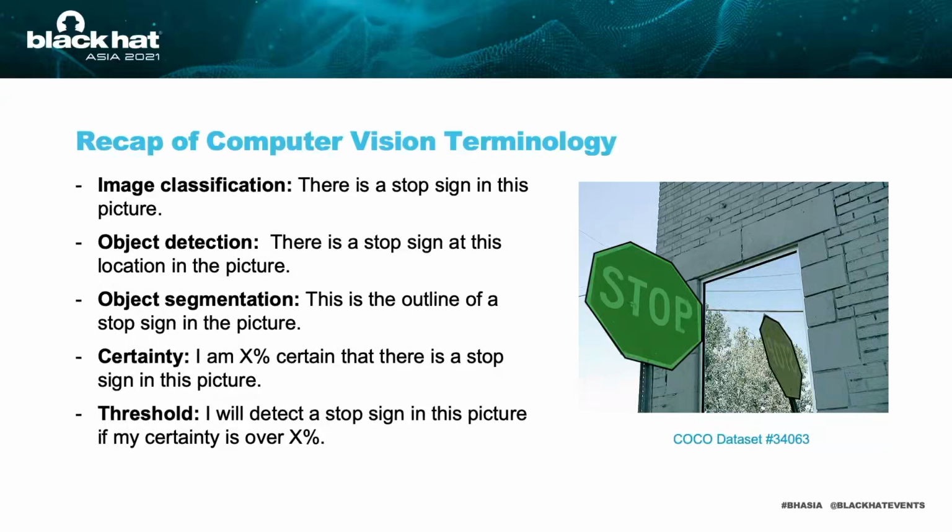The certainty says I am X% certain that there is a stop sign in this picture, for example, 80% sure this is a stop sign. The threshold means I will detect the stop sign in this picture if my certainty is over X%, for example, 50% or 60%.